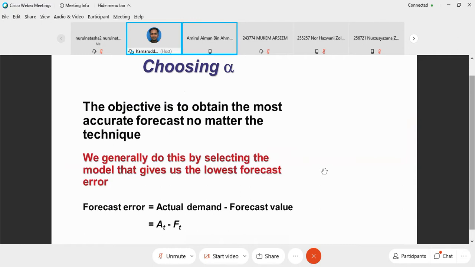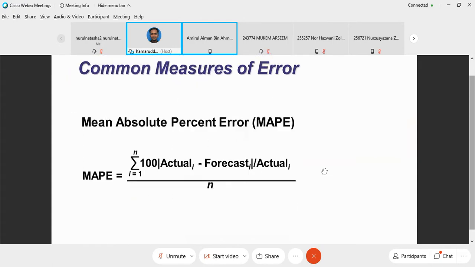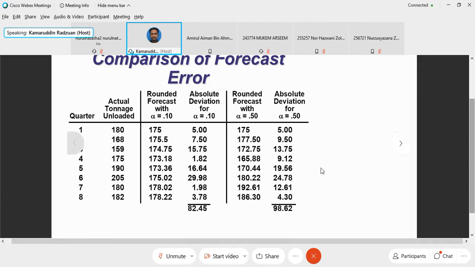What is the deviation or error of our forecast? Let's say we do the exponential smoothing first before we go to measuring the error in the forecast.